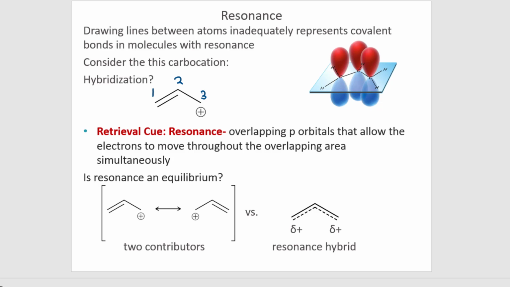Now, understand that every first bond between 2 atoms is a sigma bond.